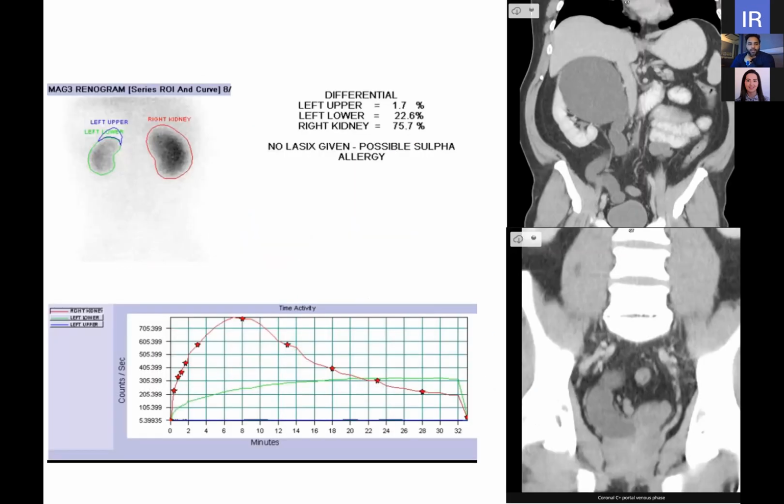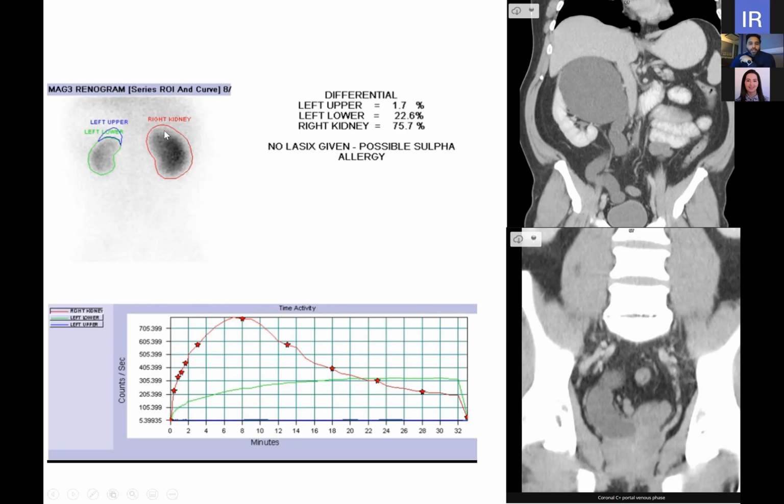Again, this is the nuclear medicine study with regards to the MAG3, which looks at renal function, and you can appreciate that the upper pole of this left kidney has almost zero renal function, just below 2%. There's reduced renal function of the left lower pole, and this could have been due to, again, reflux disease, so chronic reflux with infection and an element of scarring.